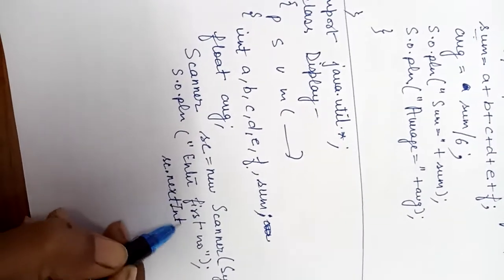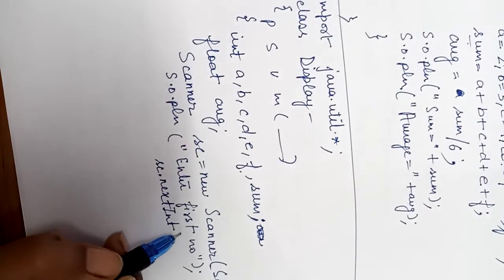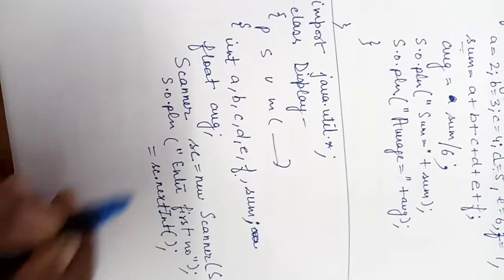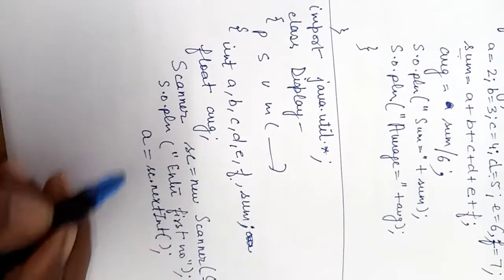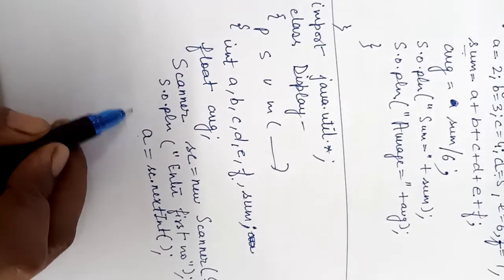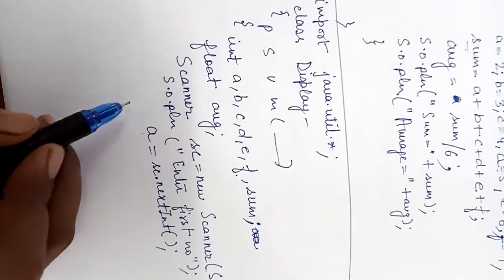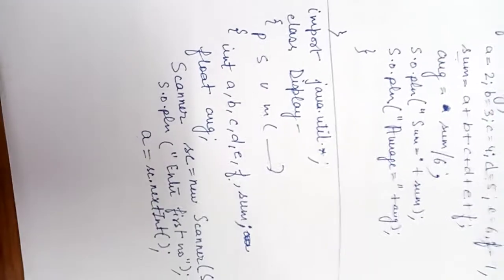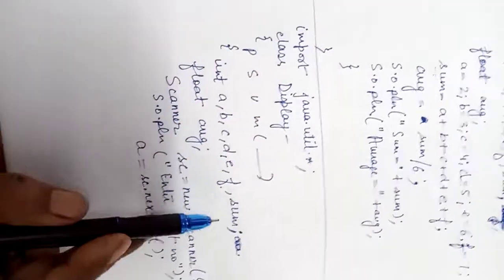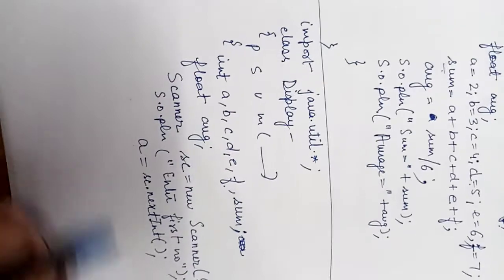He or she will be entering a whole number, so I have taken nextInt, and whatever you get you will store within A. In this I have not written int here as I have declared the variable before. If you haven't declared before you can write int A directly.